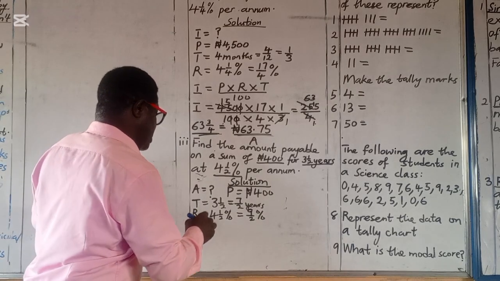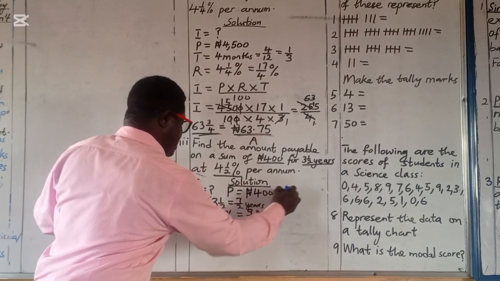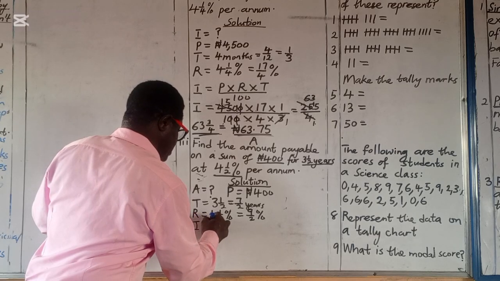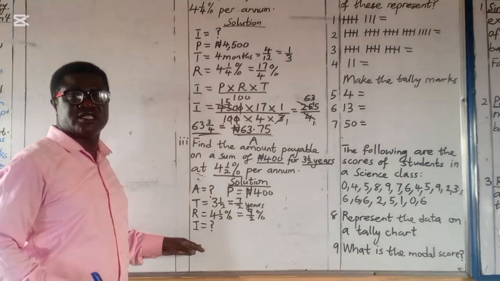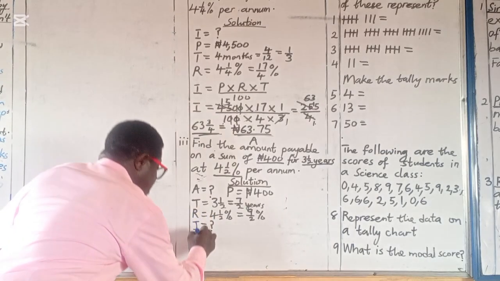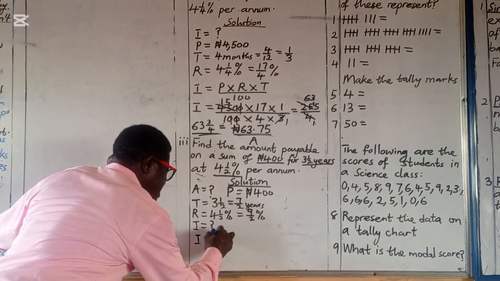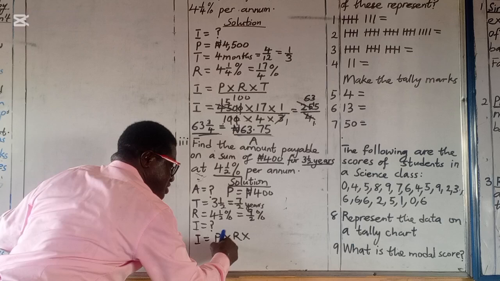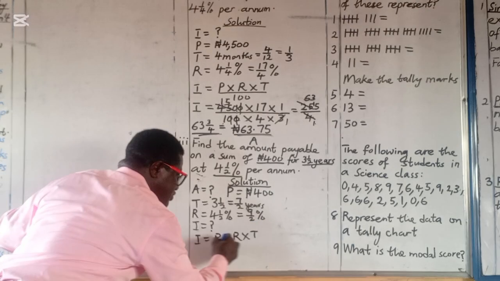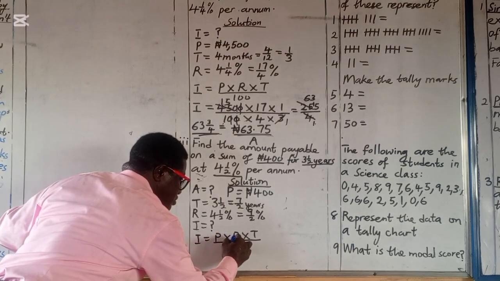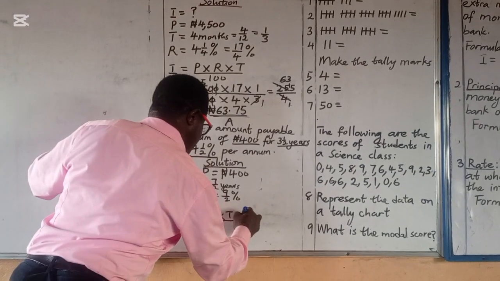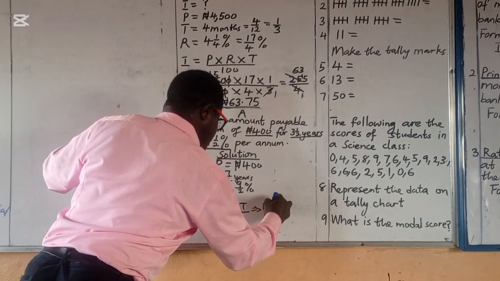So another thing that is missing here is interest. So first of all, let's calculate the interest. Interest is principal times rate times time all over 100. So your principal is 400.